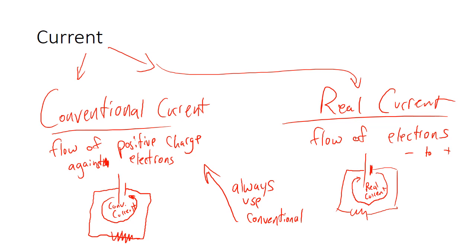Why is conventional current dumb? Well, because conventional current, the basics for electricity, were made by Mr. 100 himself, Ben Franklin, where he saw that there was a current traveling, and he basically just guessed which one was positive and which one was negative, and he said the current's going to go from positive to negative.